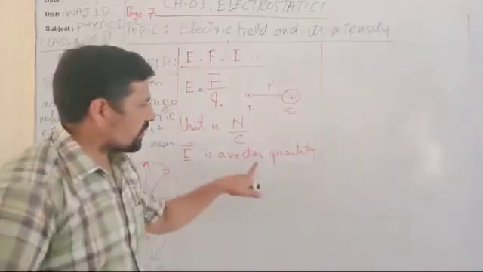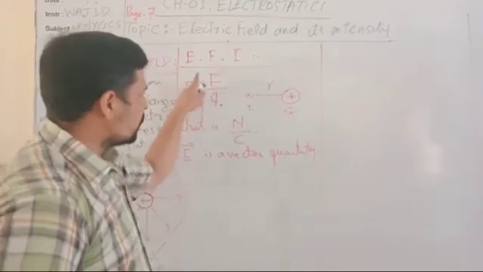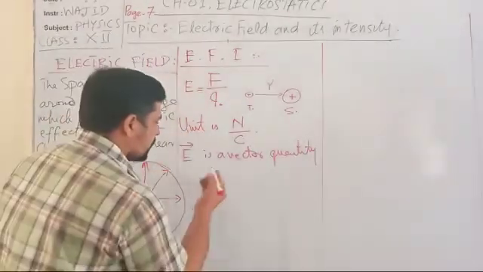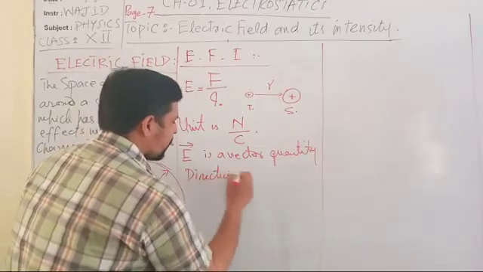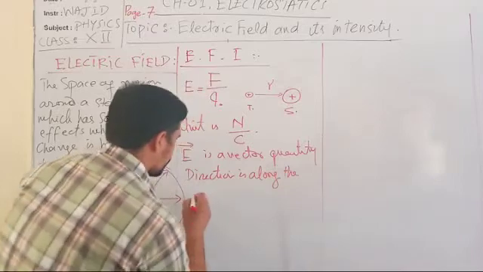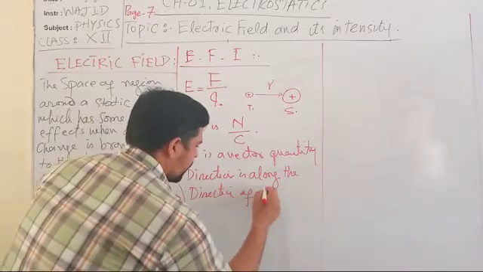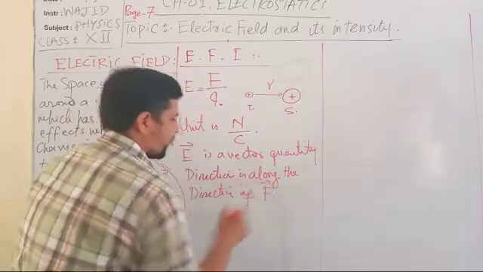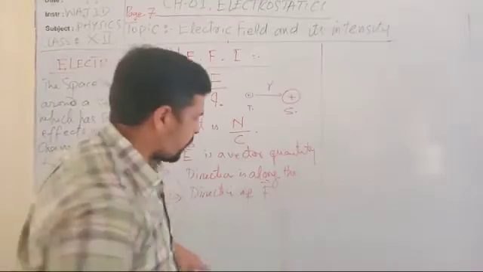The magnitude of electric field intensity is shown by the equation above: E is equal to F divided by q naught. And the direction of electric field intensity is along the direction of the force F. So this is electric field intensity.